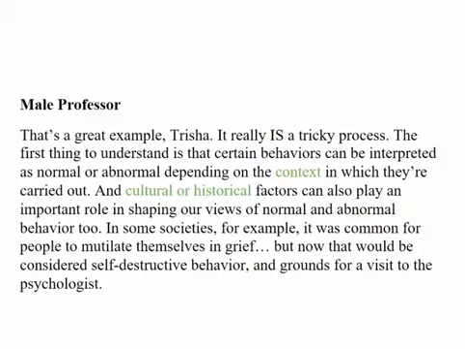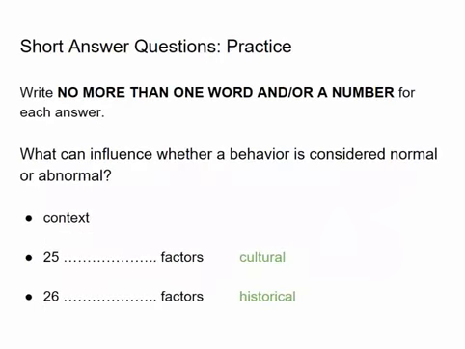Some key information there that came after the professor mentions cultural and historical factors is paraphrased in the question itself. So it says, the professor said, and cultural and historical factors can also play an important role in shaping our views. Okay. This is a good paraphrase there in the question where the question asks you what can influence.